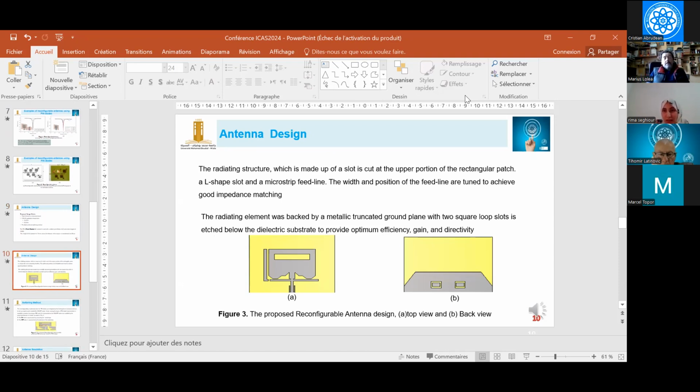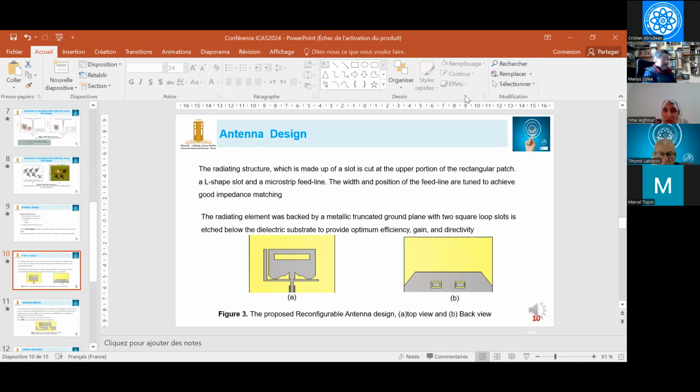This is my design of the antenna. The radiation structure, which is made up of a slot, is cut at the upper portion of the rectangular patch, an L-shaped slot and the microstrip feed line.